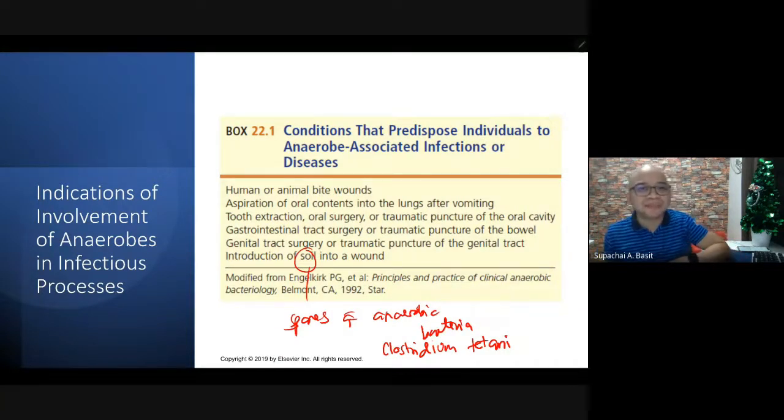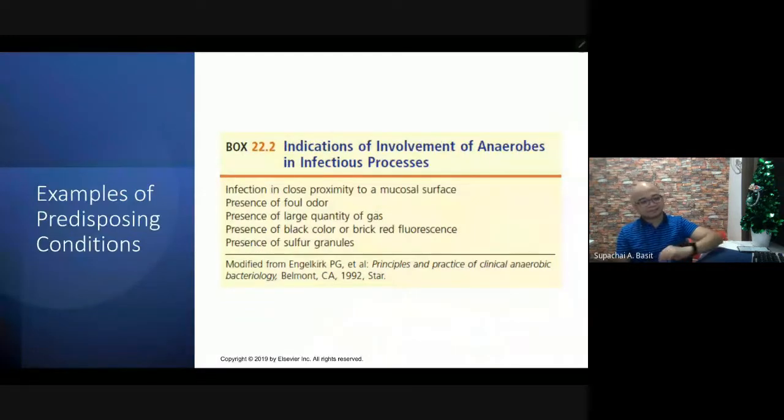Okay, so these are the conditions that will predispose individuals to anaerobic-associated infections or diseases. So how do we know that someone is already being infected with anaerobic bacteria? First of all, the infection is in close proximity to a mucosal surface, such as the oral cavity or the genitourinary tract. Number two is the presence of foul odor, particularly if the wound is said to be gangrenous already.